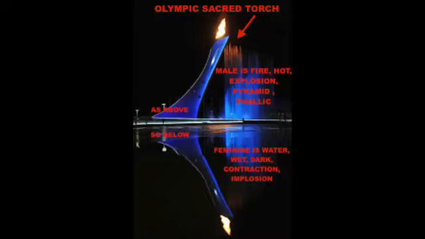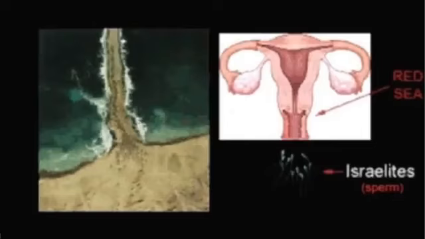Now your body is almost 80% water, so the fiery spirit must go through the air, which is mind, to water, matter, which is the body. So that's the interconnected sexual divine unity of male and female that it passes through on its way to the Red Sea, the blood, to manifest in matter.